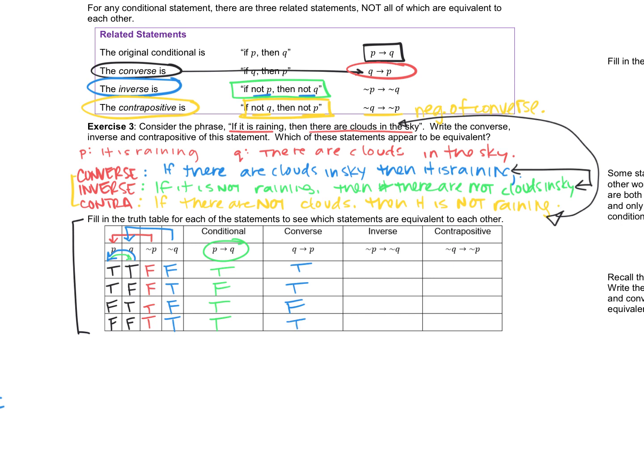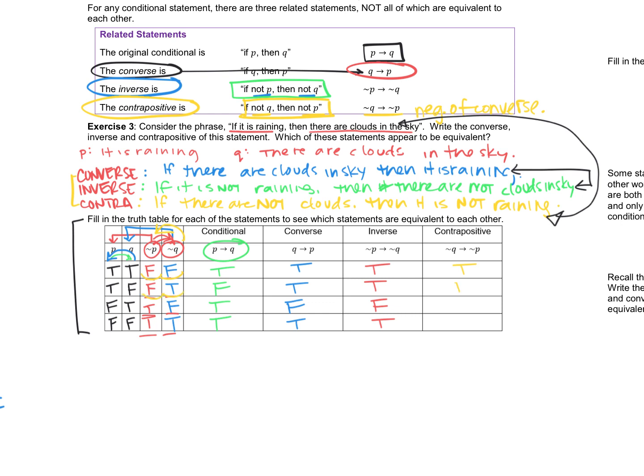For the inverse, that's looking at the not P to not Q. So that's going to be false to false, that's true, false to true, that's true, true to false, that's the broken promise, and then true to true is true. And lastly, we're going to go the other direction, not Q to not P. So that's true.